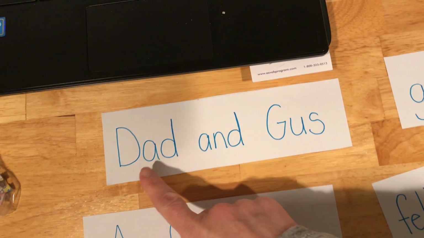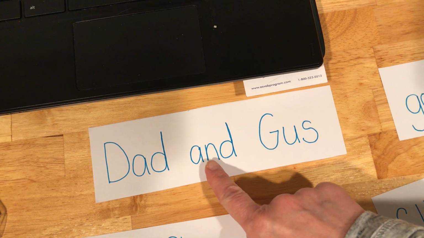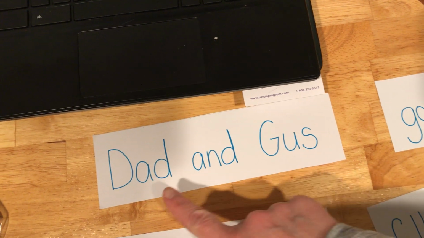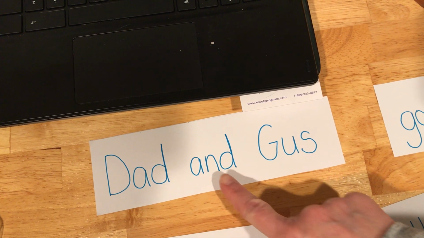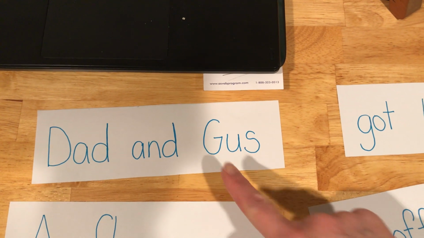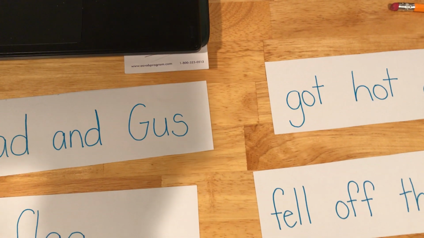All right, let's see if we can match up these other sentences. We'll just start at the top. Dad and Gus. Dad and Gus. Well, that's our naming part. Now we have to find out the telling part, what they did or something about them.